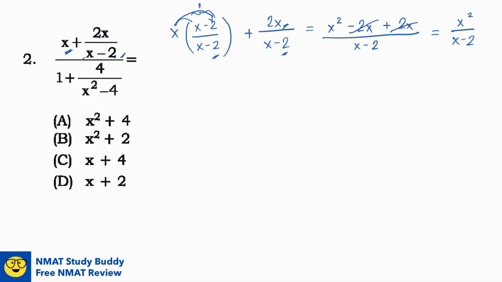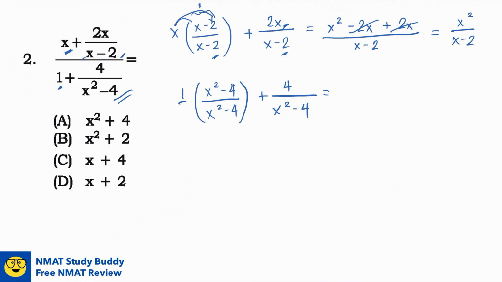So, punta naman tayo dito sa denominator. So, since may 1 ka dyan, kailangan i-multiply mo siya sa 1 times x squared minus 4 over x squared minus 4. Para same sila ng denominator. Plus 4 over x squared minus 4. So, dito, pwede mo na silang ipag-add.